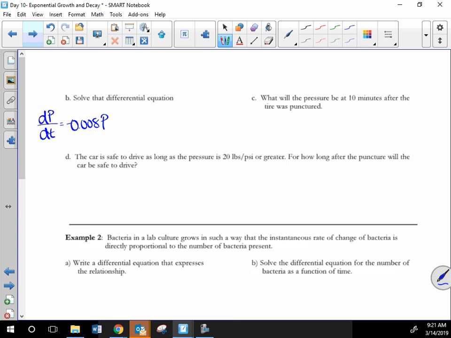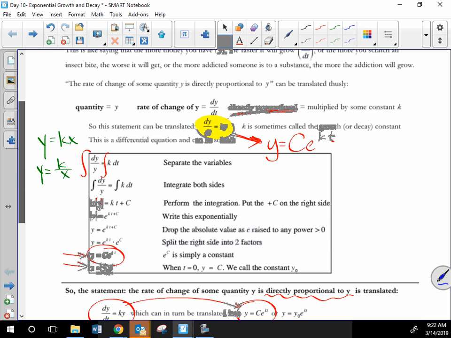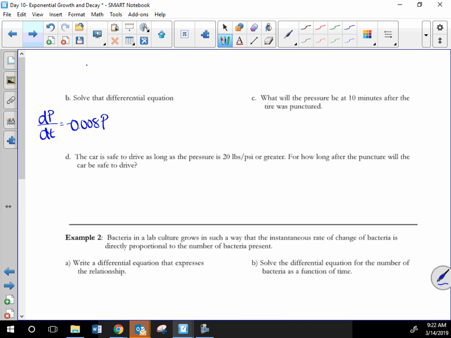Now, let's go back here. Remember, our solution is always this. So we go back and forth. I'm just going to rewrite that up: dy/dt equals ky translates to y equals C e to the kt. Wait, remember this is our initial.